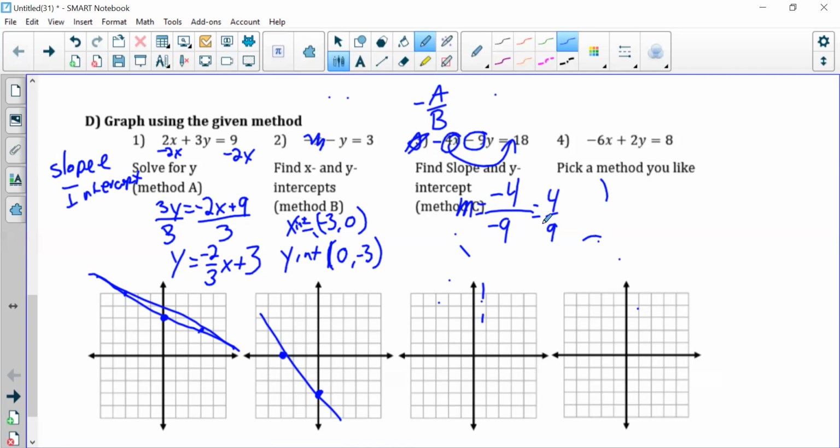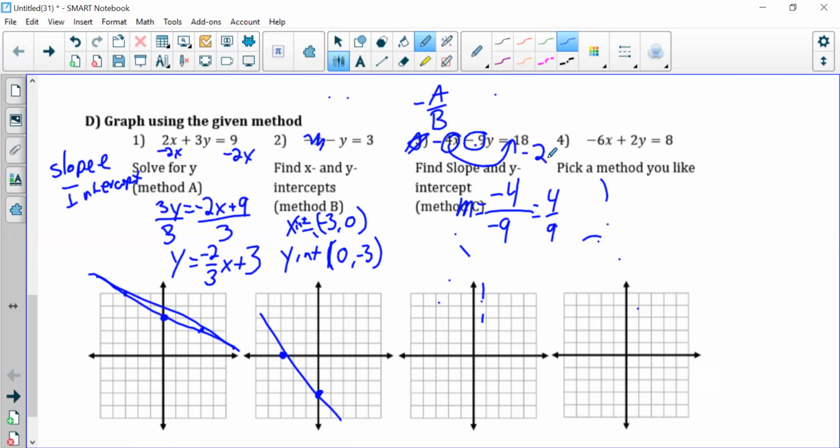So 4/9 for our slope, but our c over here, which is going to end up being our b in our slope-intercept form, what happens to it? Well, this is 18. We're going to end up dividing it by negative 9. So this is going to end up being negative 2.